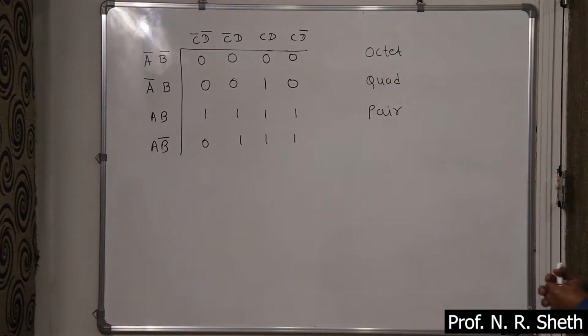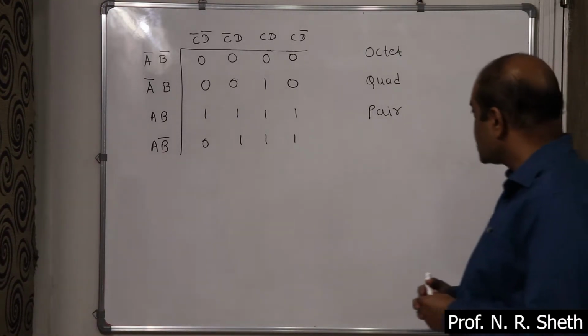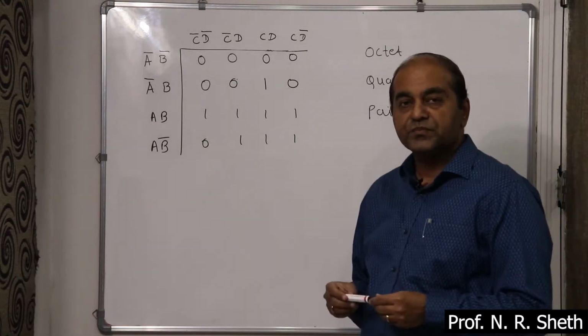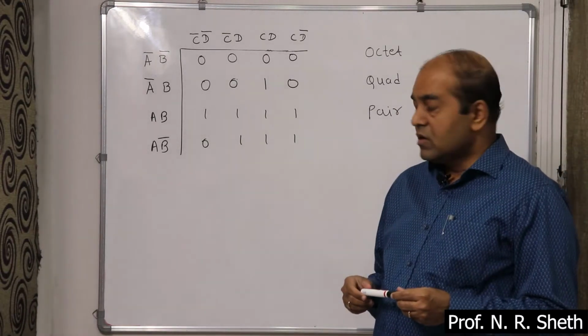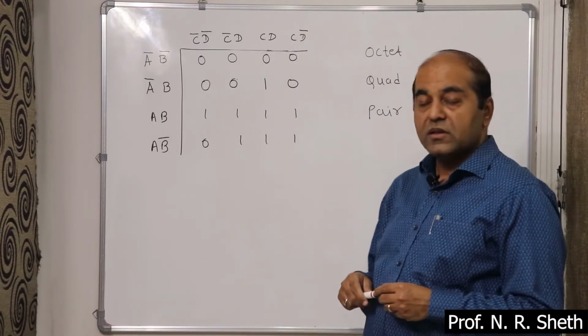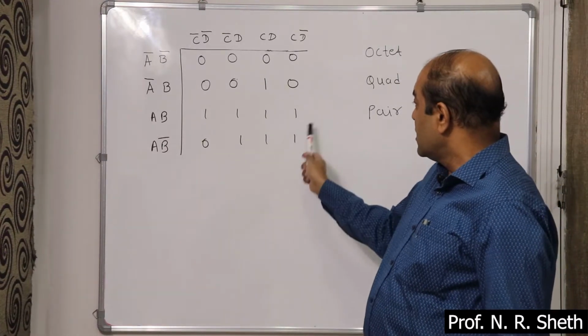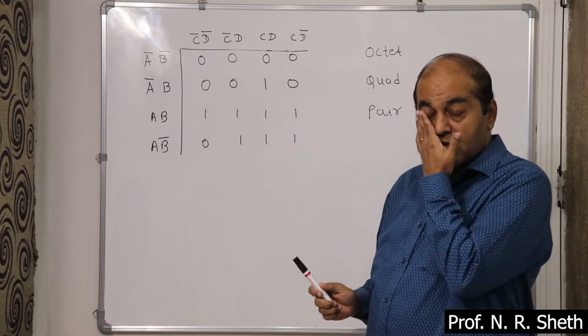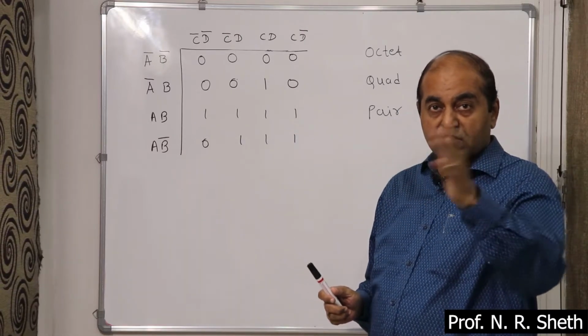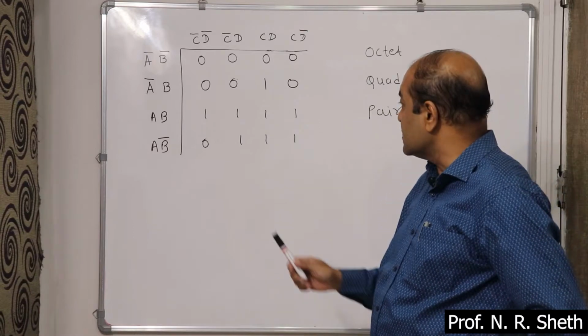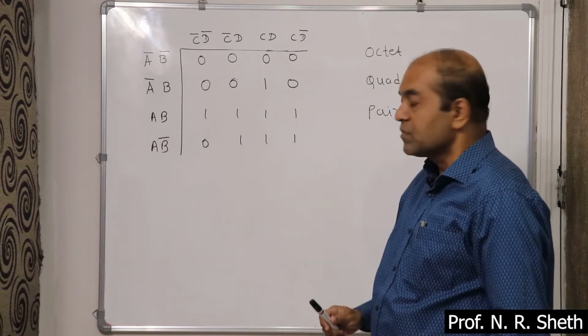Suppose this type of K-map is given here. You have to simplify it and obtain the Boolean equation. Eight ones are high, but they are not horizontally or vertically adjacent, because this one is 0.